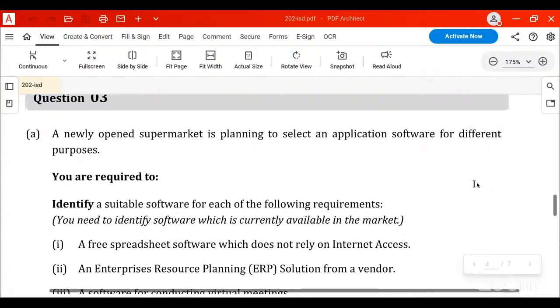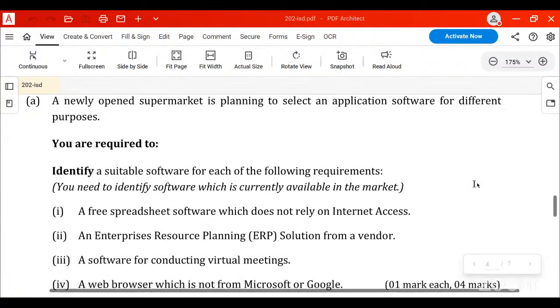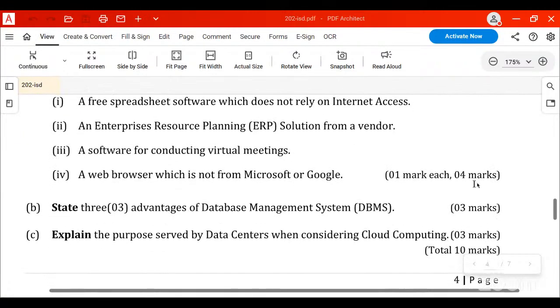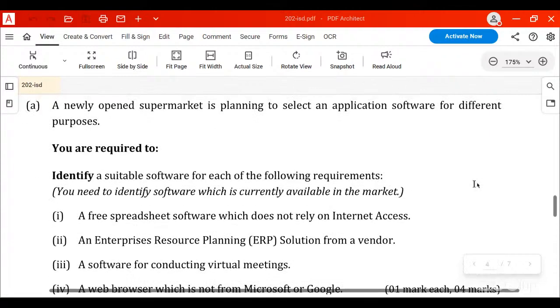A newly opened supermarket is planning to select application software for different purposes. You are required to identify suitable software for each of the following requirements. You need to identify software which is currently available in the market.